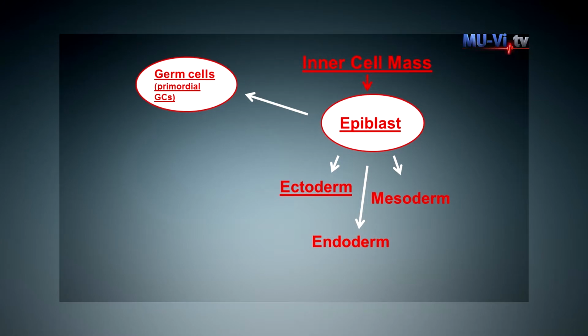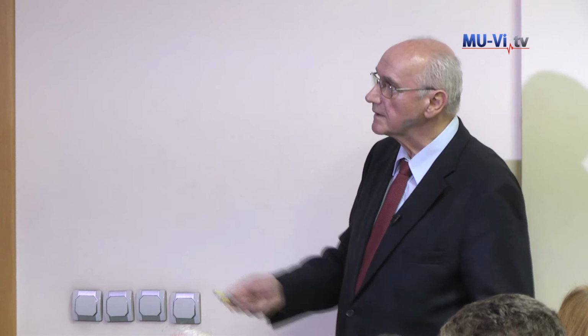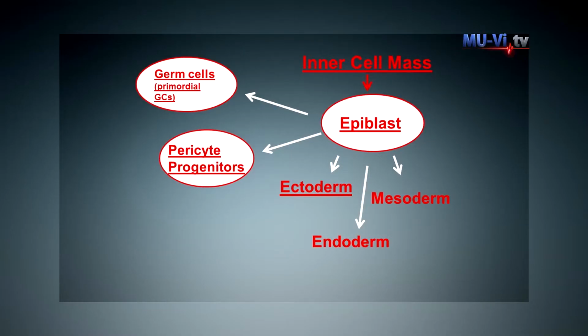The next cell type which is built from the epiblast are the primordial germ cells. They are built very early and distributed to the corresponding organs. Our studies and studies now from other groups show that also the pericyte progenitors arise from the epiblast. Also, they are a very early form of stem cells.